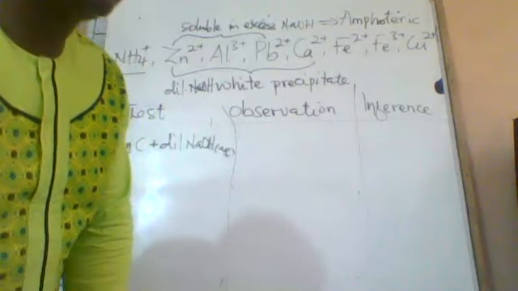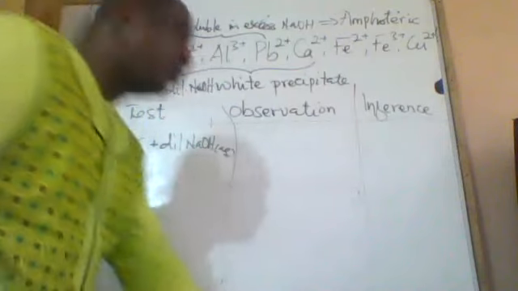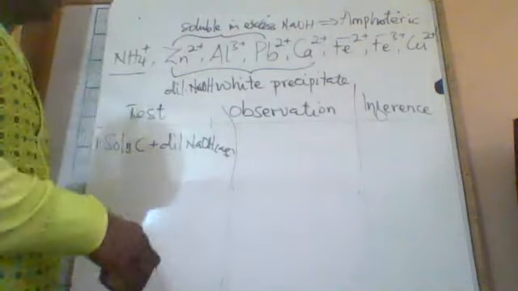Now, we can qualify the white. And if the white is qualified, it narrows the scope.